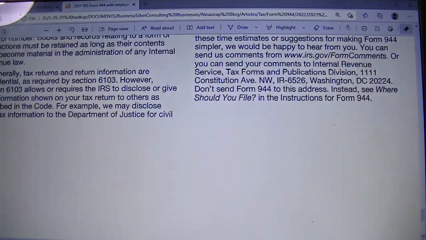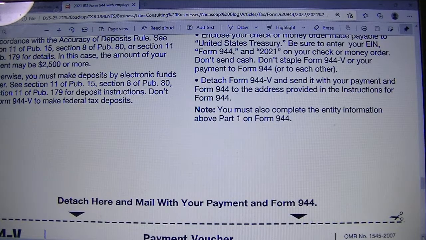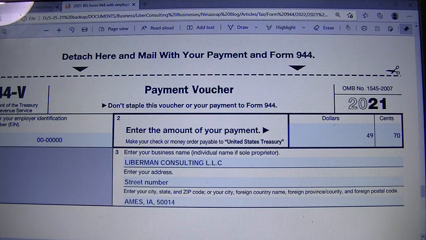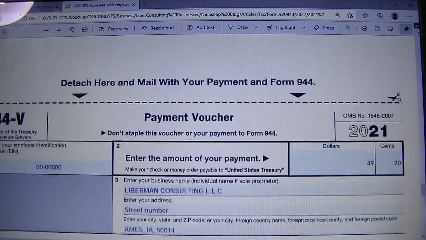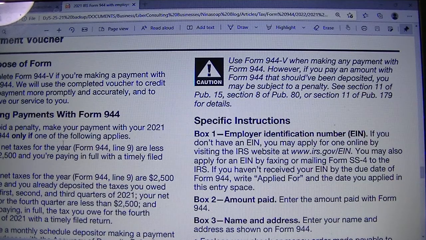But then where do you send your form with the payment? And again, if you prefer to make a deposit online, you have that option. Depending on the amount, if your total liability is more than $2,500, you have to make a deposit. The instructions for the voucher are here.